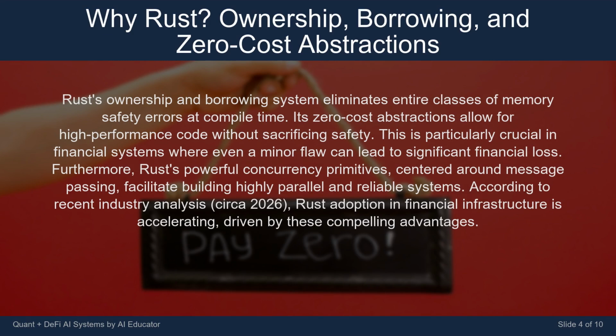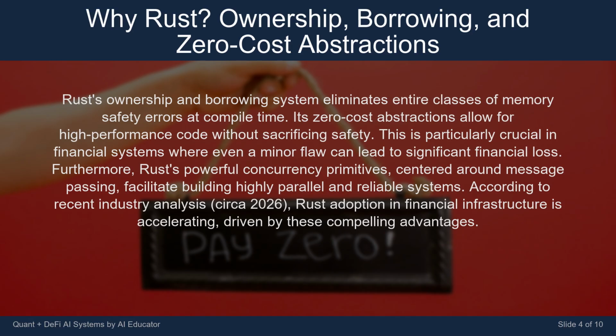Rust's ownership and borrowing system eliminates entire classes of memory safety errors at compile time. Its zero-cost abstractions allow for high-performance code without sacrificing safety. This is particularly crucial in financial systems where even a minor flaw can lead to significant financial loss.